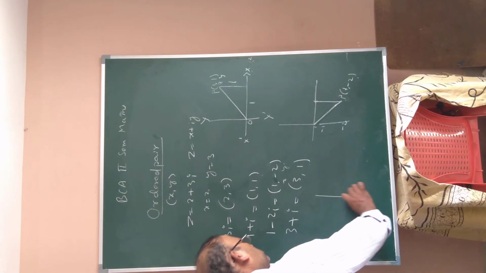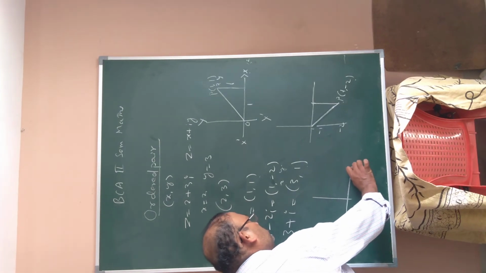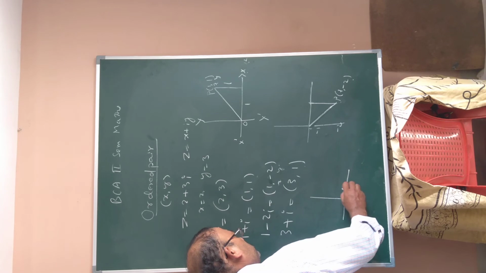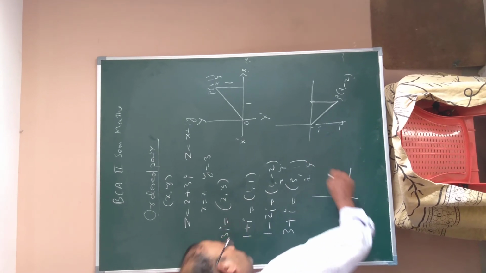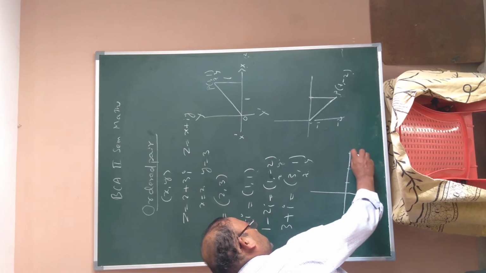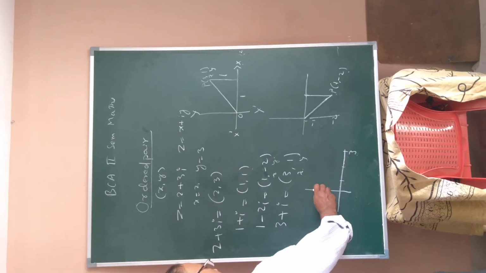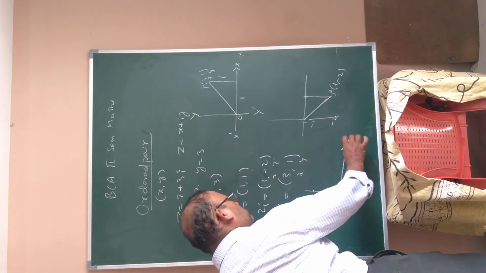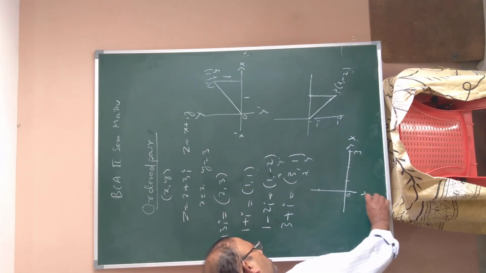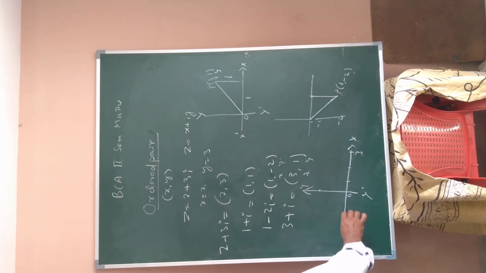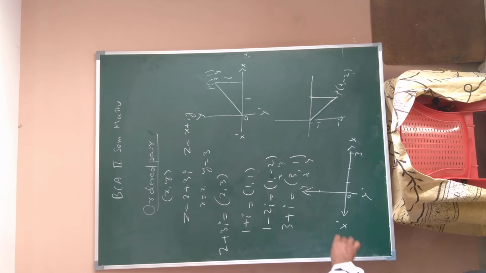Similarly, the third one. Here x is 3 and y is 1. This is the origin, x coordinate, y axis, x dash.